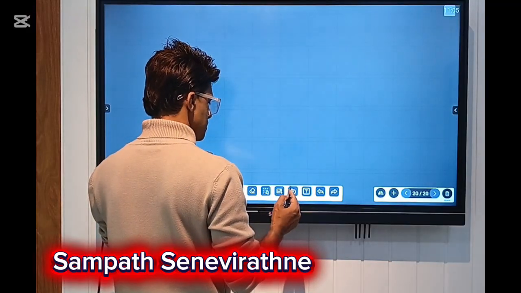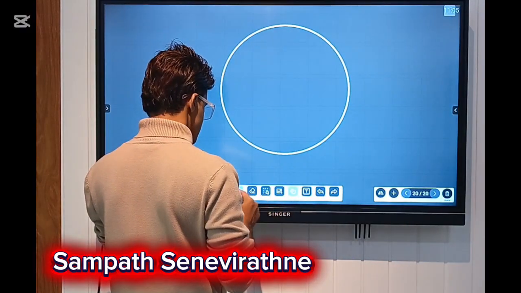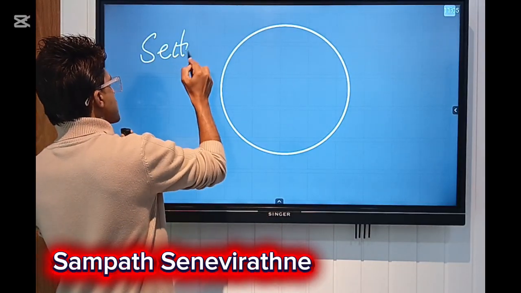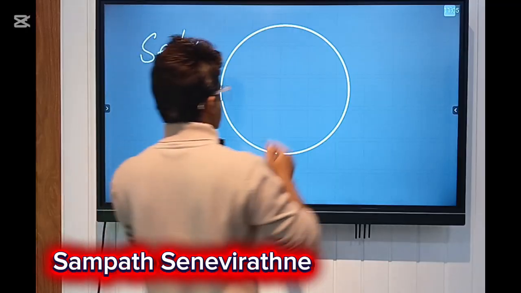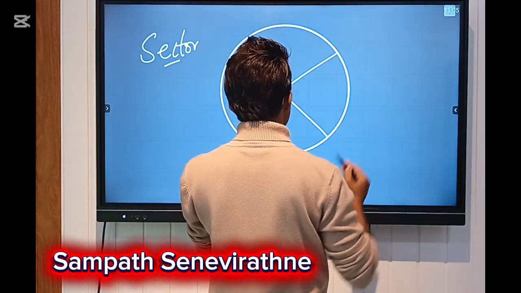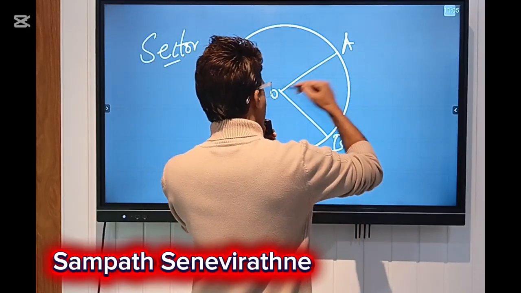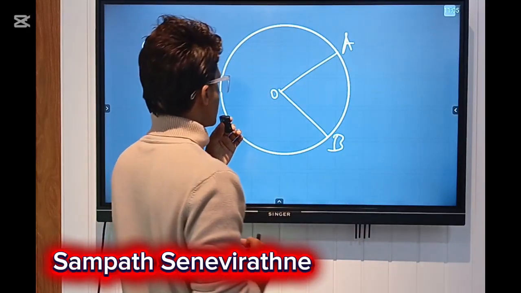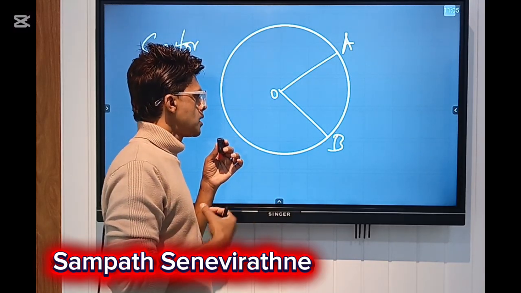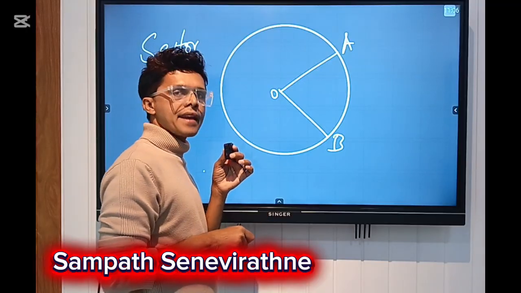And the other idea is sector. Here is a sector of a circle. A sector is formed by two radii, OA and OB, and the region that you could get bounded by two radii and an arc.